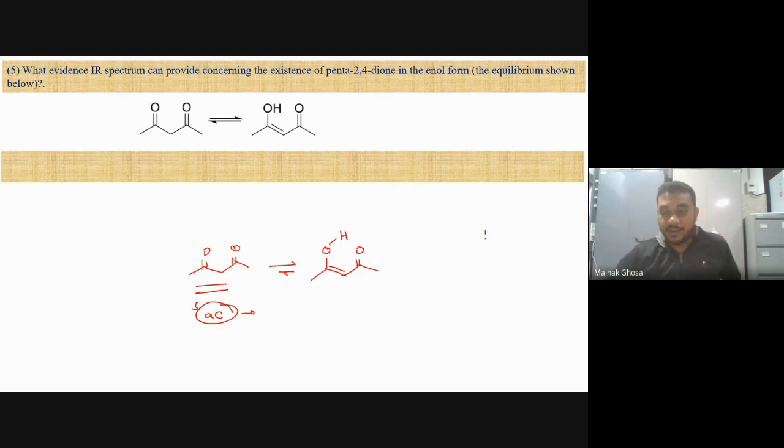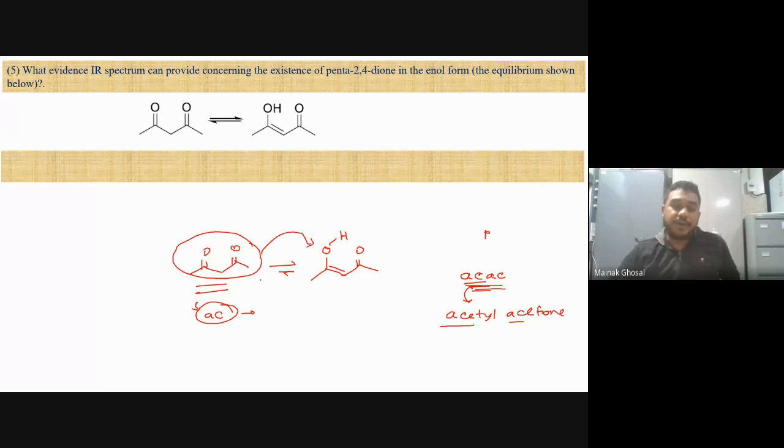ACAC doesn't mean 1 1, ACAC means this one, AC. Now what does AC stand for? AC is nothing but acetyl acetone in short form. It is generally known as ACAC. Now this group is called acetyl acetone.